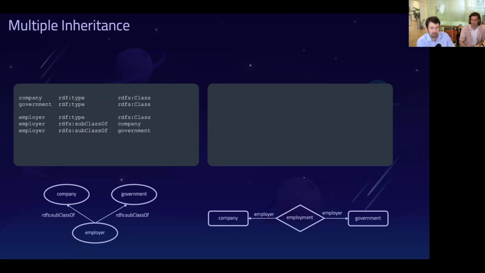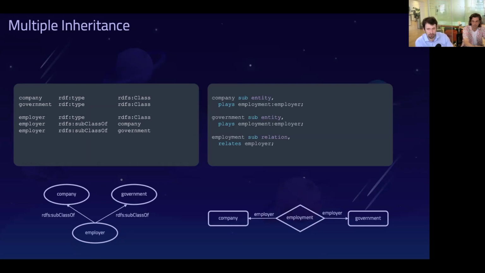So what we're saying is that if we've got a company, rather than thinking of it as a subclass, effectively subclassing it, having an employer, we simply say that the company or government only plays the role of employer in the context, only in the context of an employment relation. So the example here of multiple inheritance, in our view, is wrong.